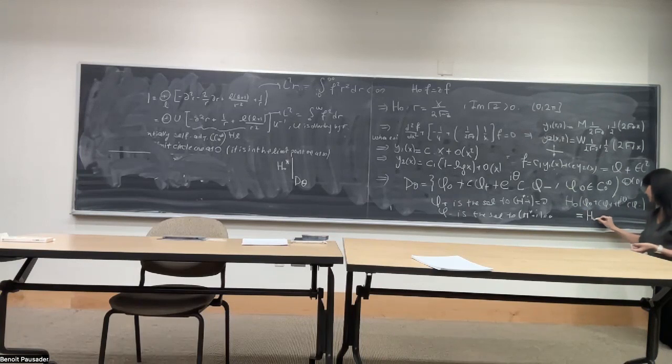Then here you will have C times I by 0, and then here you will have plus E to the I theta I by. Yeah, so exactly, H0 on phi plus we declare to be minus I by 0, plus I by 0, one of these.